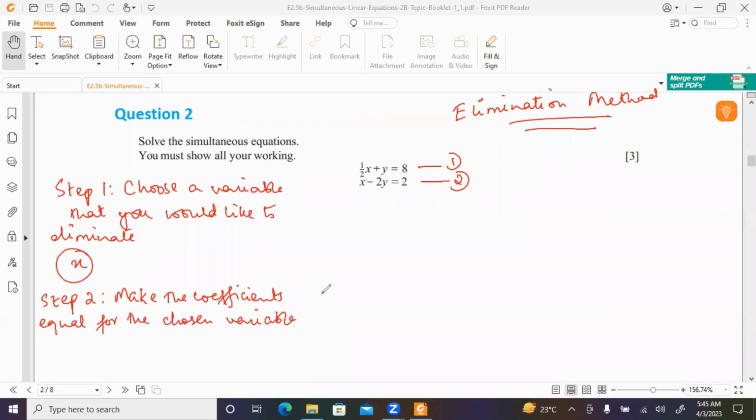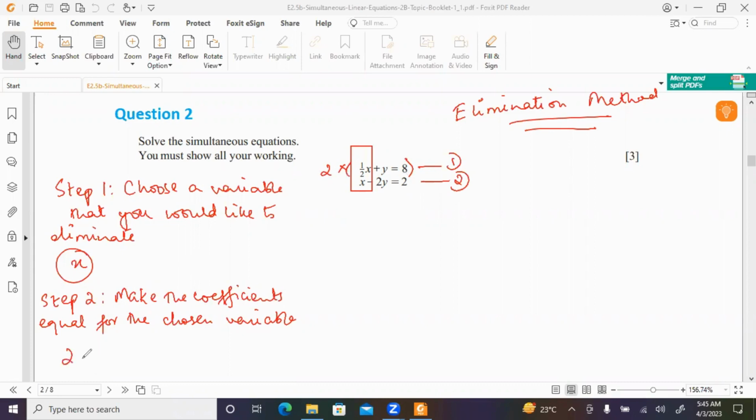If I highlight the chosen variables, in the first equation the coefficient of x is 1/2. In the second equation, the coefficient of x is 1. As you can see, they're not the same. In order to make them the same, it's easier to target the fraction. So let's get rid of the fraction by multiplying this entire equation by 2.